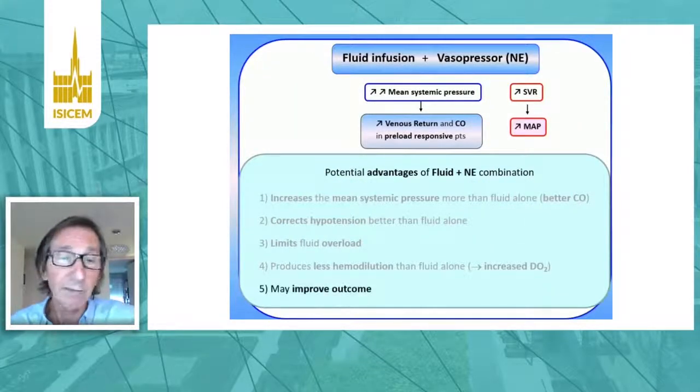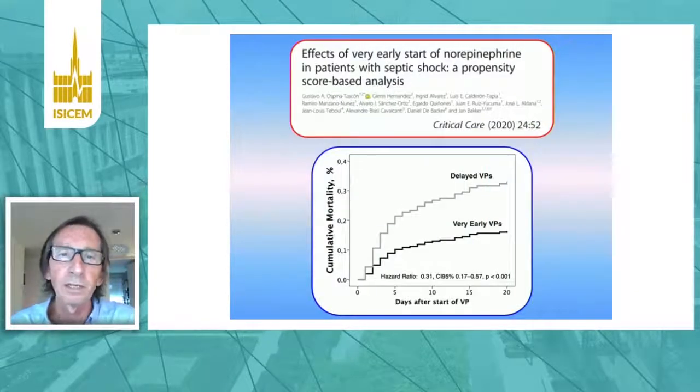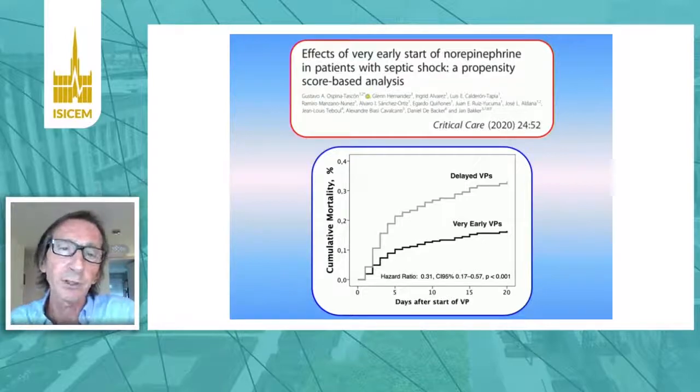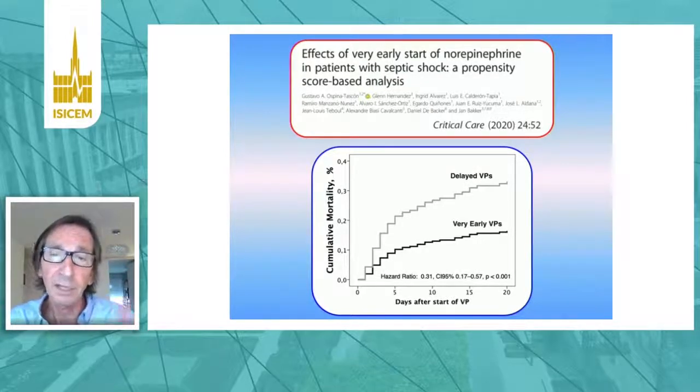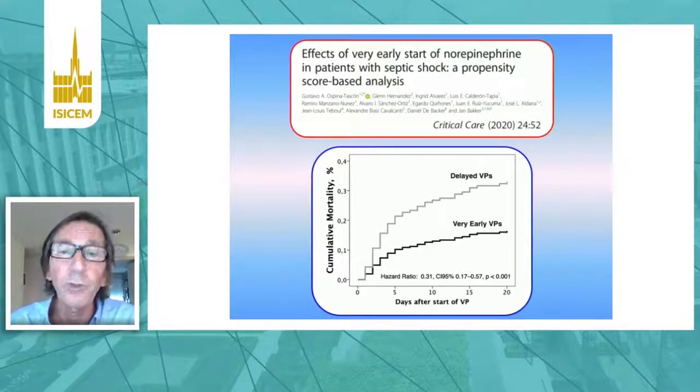And the fifth advantage is that this combination may improve outcome. It is very important. In this study with Gustavo Ospina-Tascón, we showed that the very early administration of norepinephrine was associated with a decreased cumulative mortality. But it was a retrospective study.